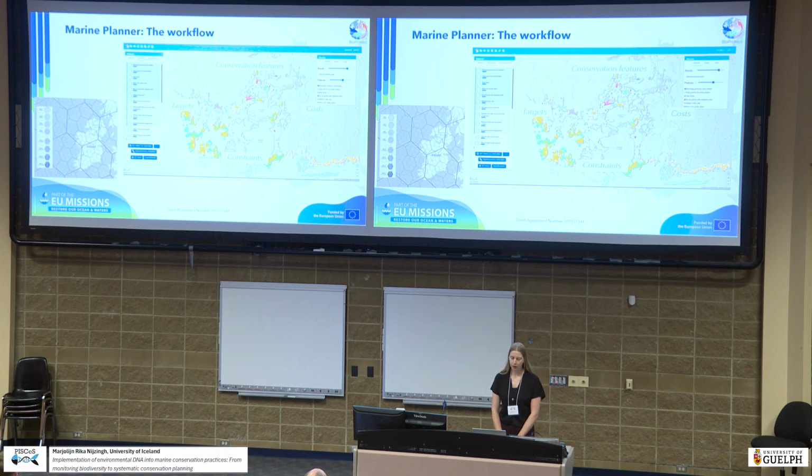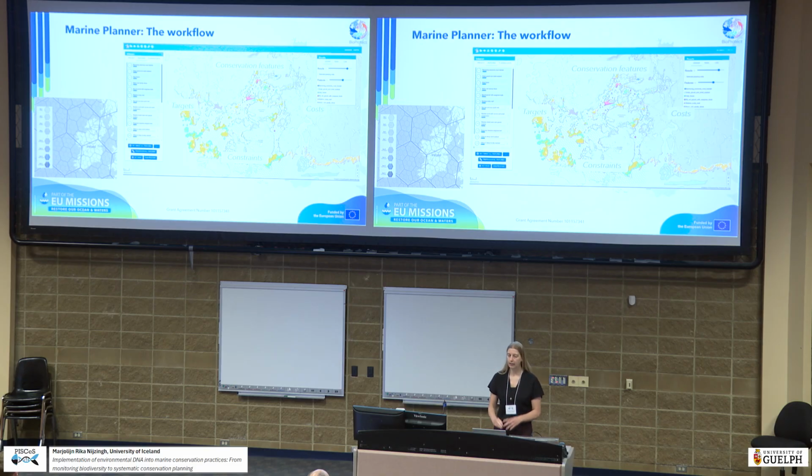So for input into the Marine Planner, you need to input the conservation features, which can be habitats or eDNA data. Then you need to input cost, which is the quantitative value and relative costs of implementing conservation. You need to have constraints, which can be areas that are already in MPA or where there is economic activity which cannot be stopped.